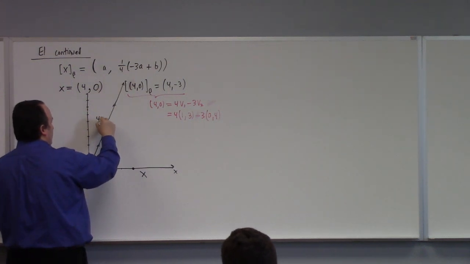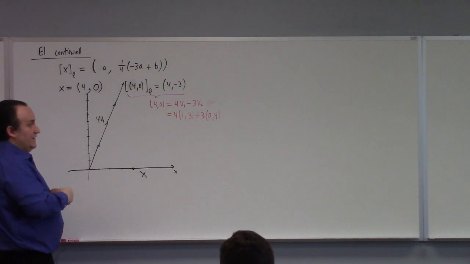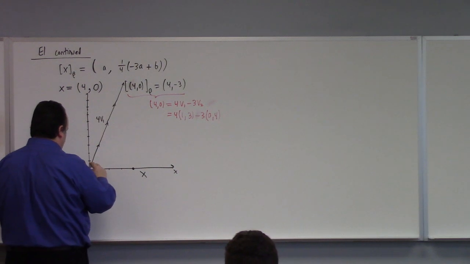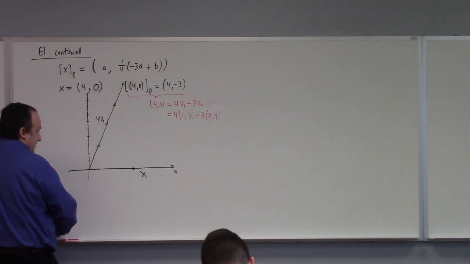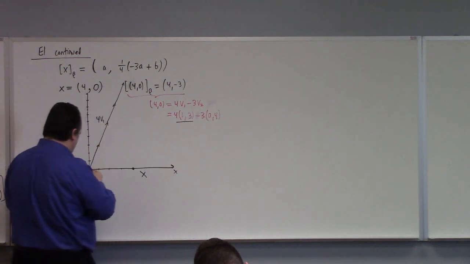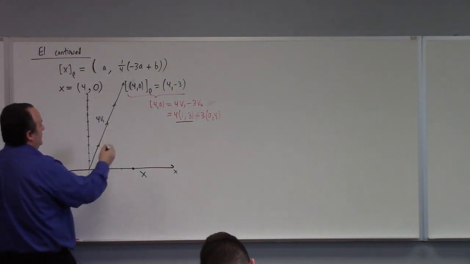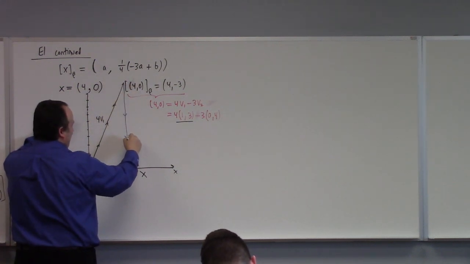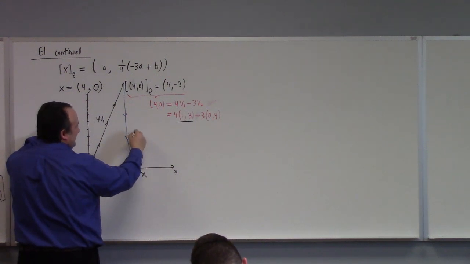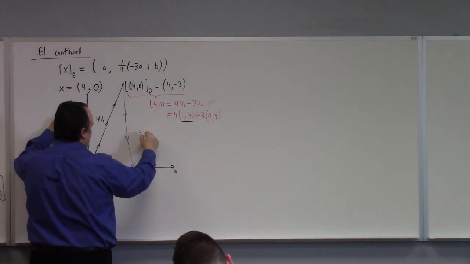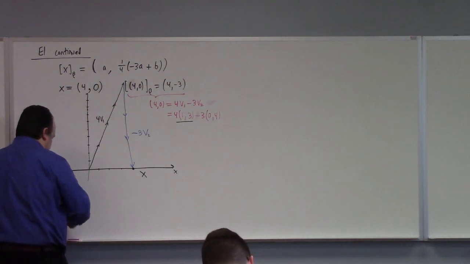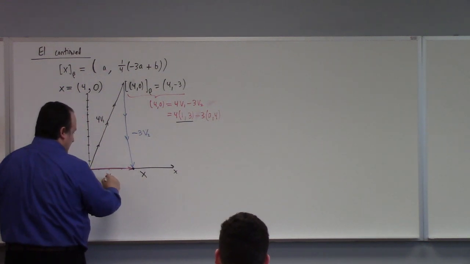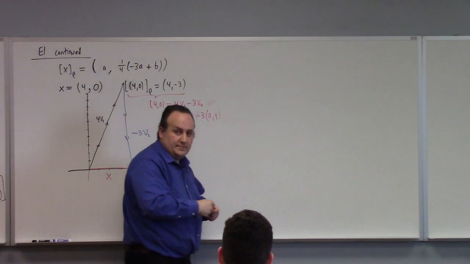So this is 4v1, roughly speaking. And then minus 3 times 0, 4. So that's one of these, two of these. Not to scale, guys. It's the best I can do, okay? So this is minus 3 times v2, right? And as you can see, that gives me back down here, which of course is just my x.